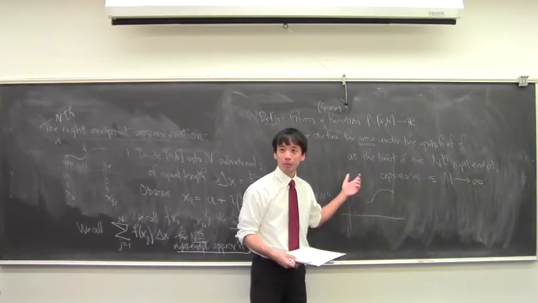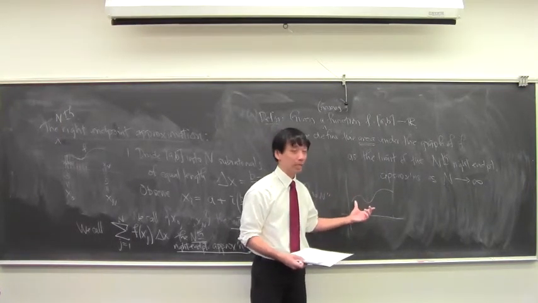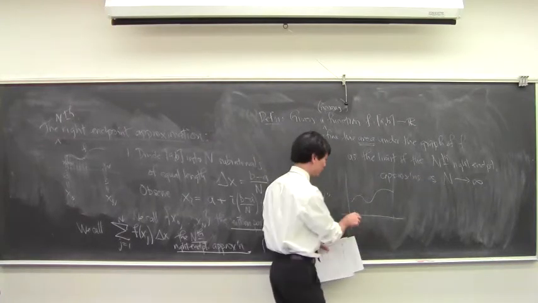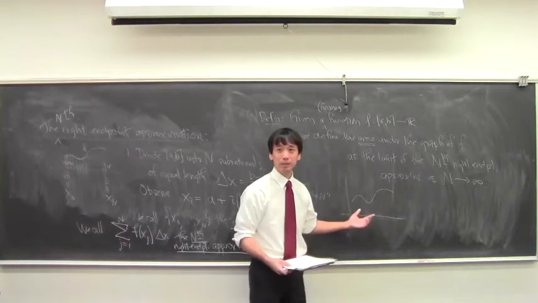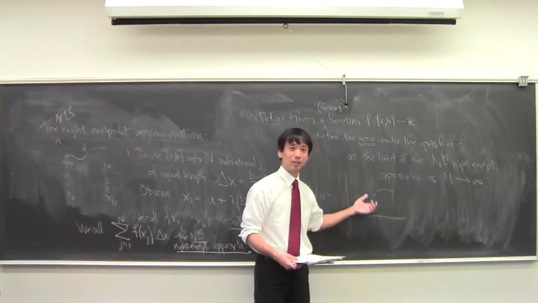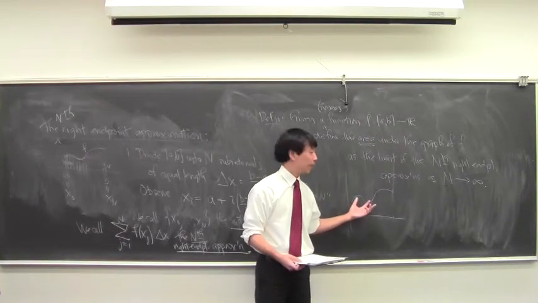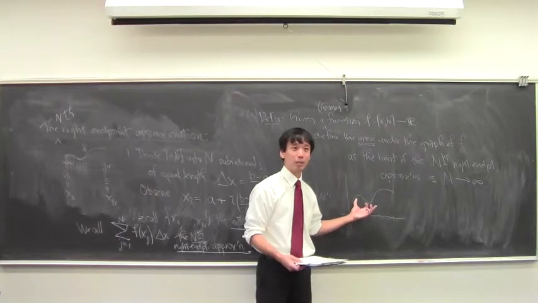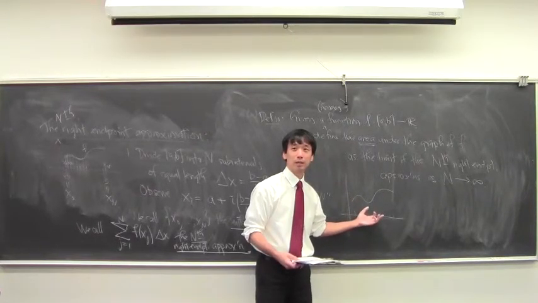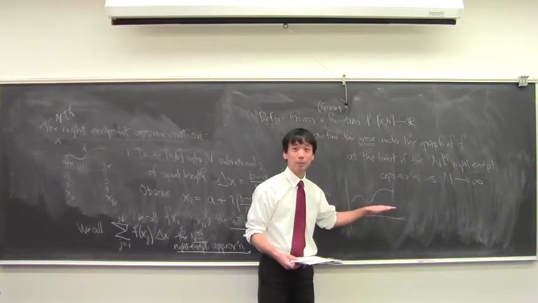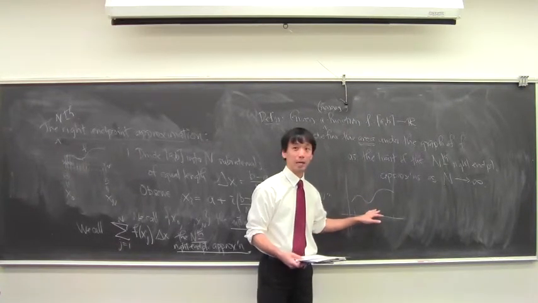You say, well, the way we define area is the limit of the right endpoint approximations. So what I have to do is divide this thing into 3 pieces, into 4 pieces, into 5 pieces, into 6 pieces, and so on and so forth, and take the right endpoint approximations over each of those and see what happens as n goes to infinity. If that tends towards a number, then we call that the area.